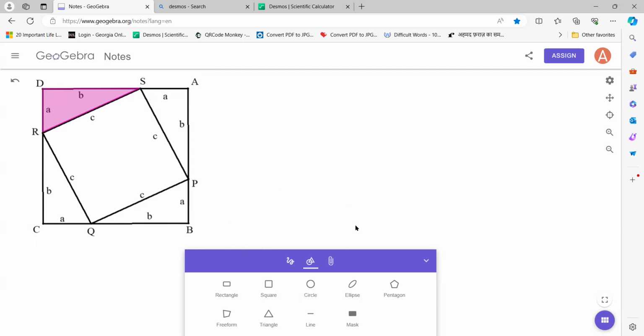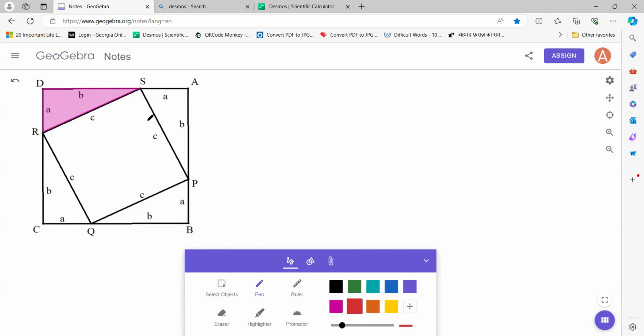So I established that quadrilateral ABCD is a square. What about the quadrilateral PQRS? Well, that's a square too, because each side of PQRS is C and each angle is a right angle. This has to be right because these two green angles add up to 90, so the red angle has to be 90. And in a similar manner, you can prove that each angle of quadrilateral PQRS is 90 degrees.